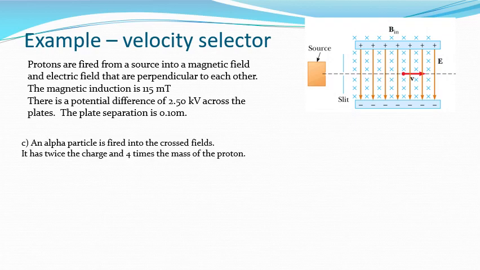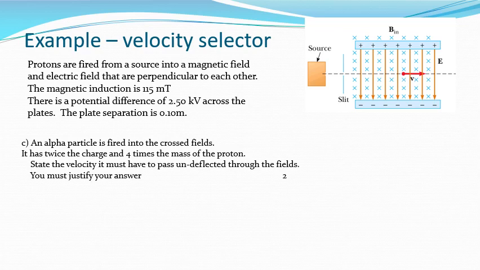If we fire an alpha particle, which has twice the charge and 4 times the mass, what effect does this have on the velocity that it needs to have to pass undeflected? Well, we have to justify our answers. The velocity depended on the electric field strength and the magnetic field strength.